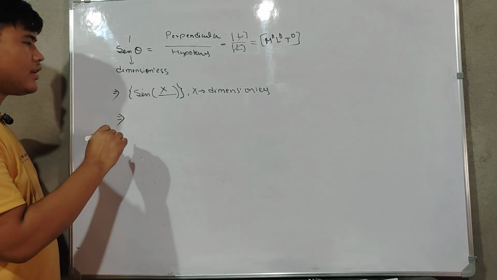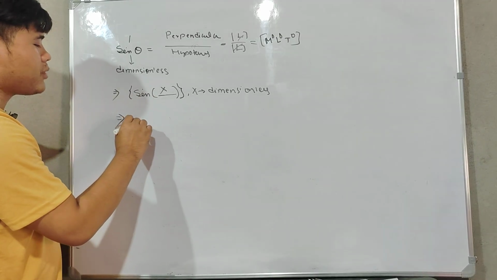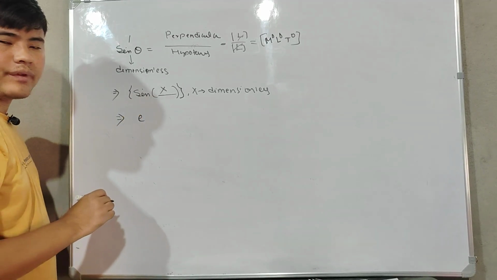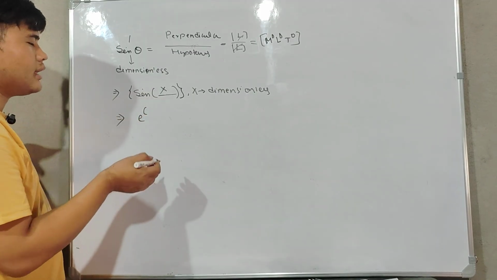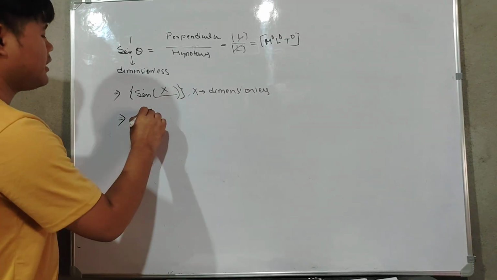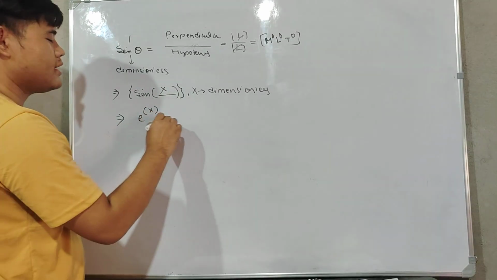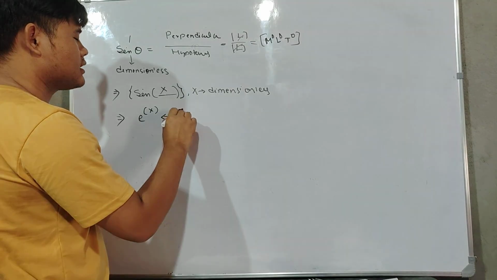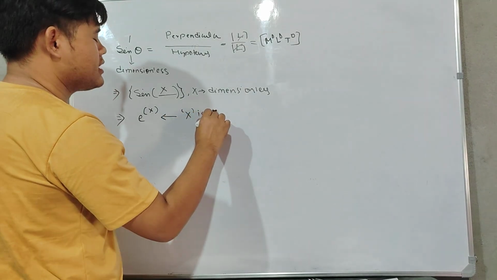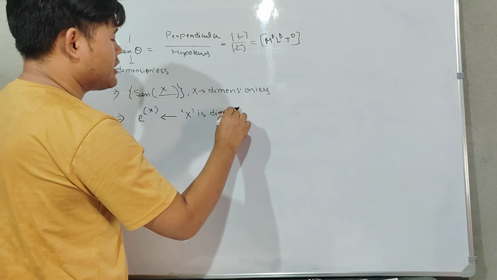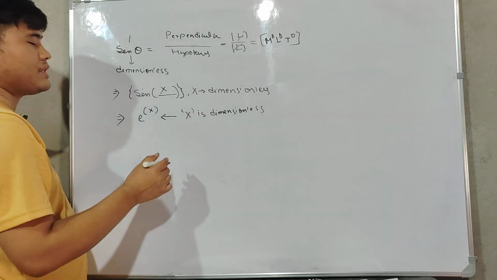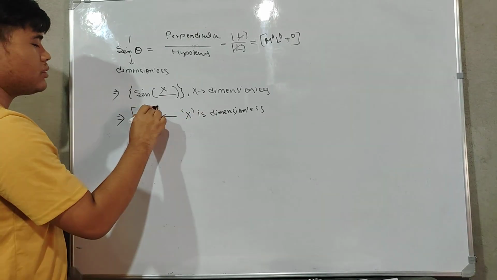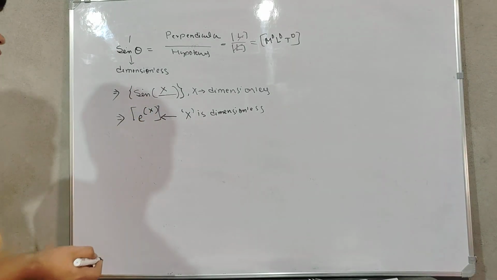Similarly, exponents, if you find any power above it, then this x is dimensionless, right? Whatever the power is there, now I am writing the x, this x will be dimensionless, and as a whole this will also be dimensionless.